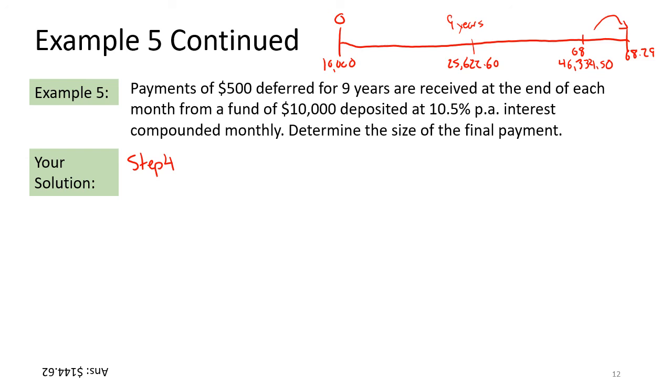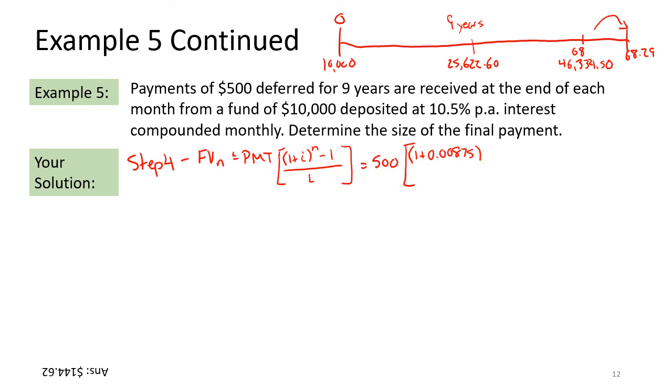Now, we've got to find the future value of the annuity. Again, it's a simple annuity. So the future value is equal to the payment times 1 plus the periodic rate of interest i to the exponent n, minus 1, divided by the periodic rate of interest i. In this case, our payments are $500, and we know our periodic rate of interest is 0.00875.